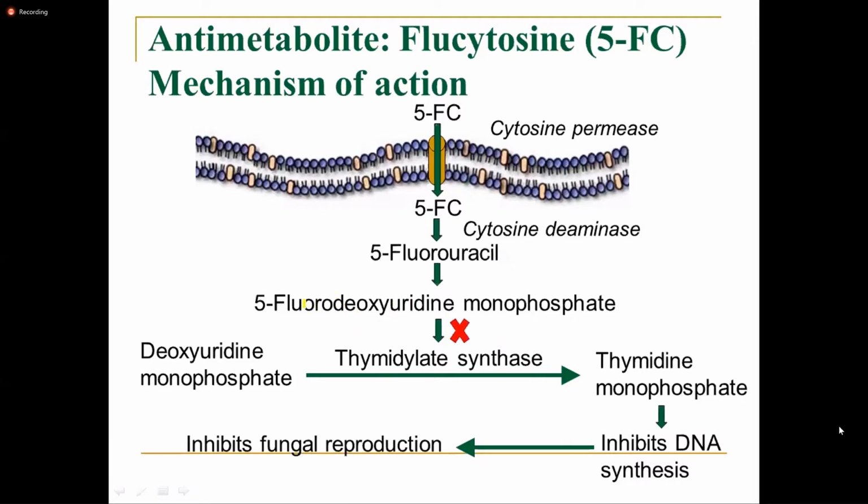Or if possible you can write this down: 5-fluorodeoxyuridine monophosphate, which inhibits synthesis or formation of thymidine monophosphate. How? Because it inhibits the thymidylate synthase enzyme. Thymidylate synthase enzyme is very essential in the formation of thymidine monophosphate, or thymidylate, or thymidylic acid.